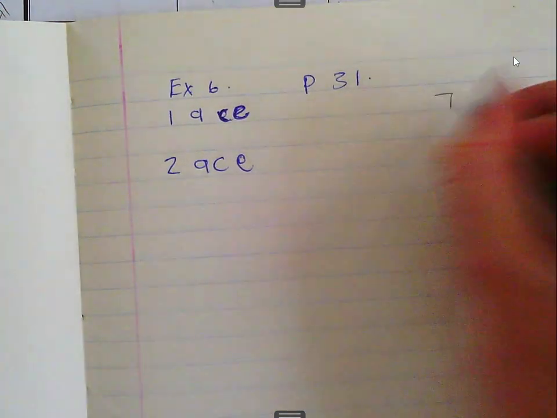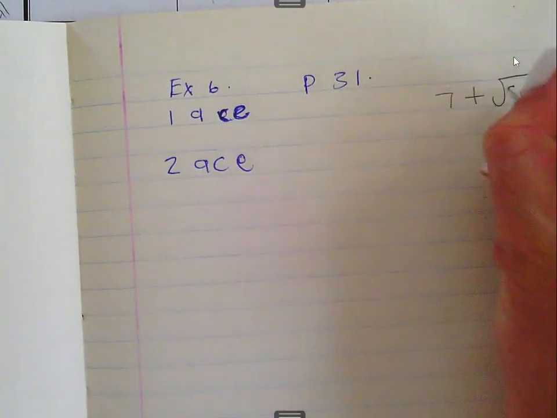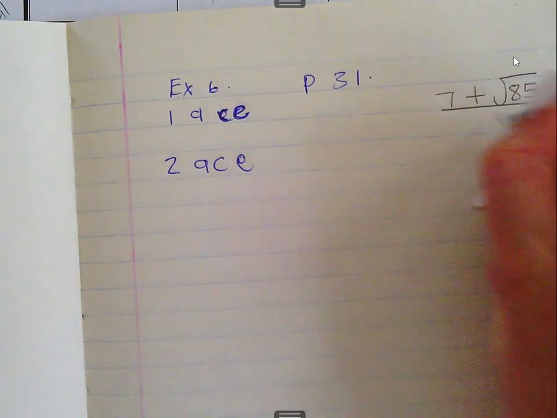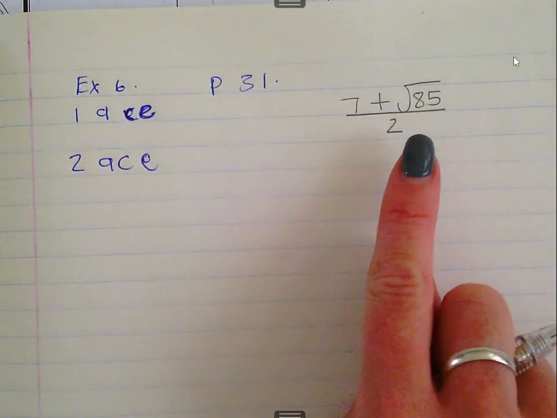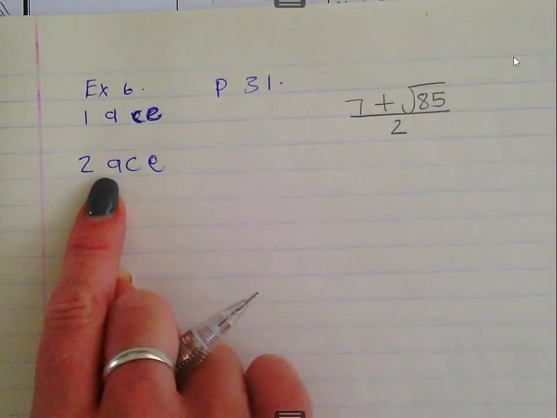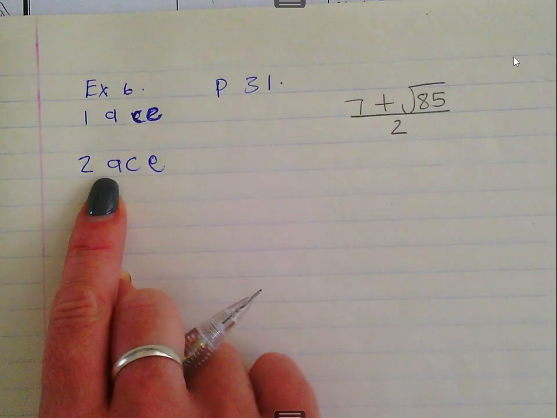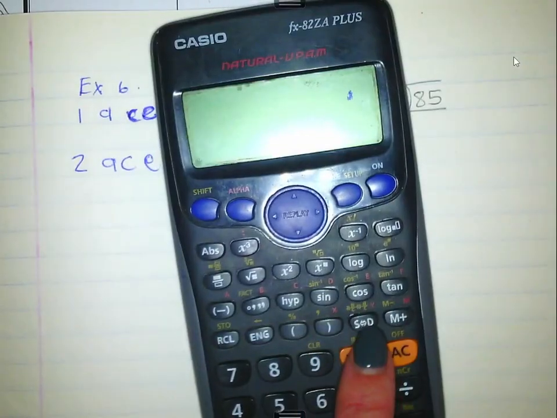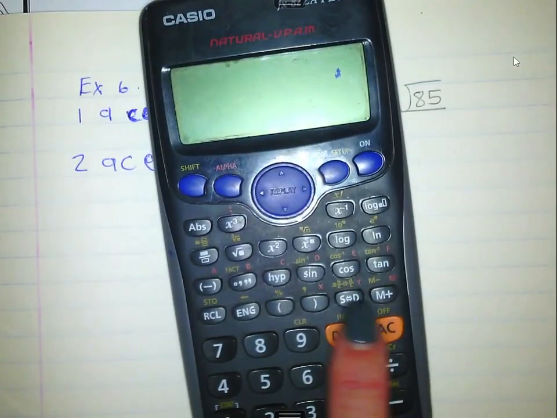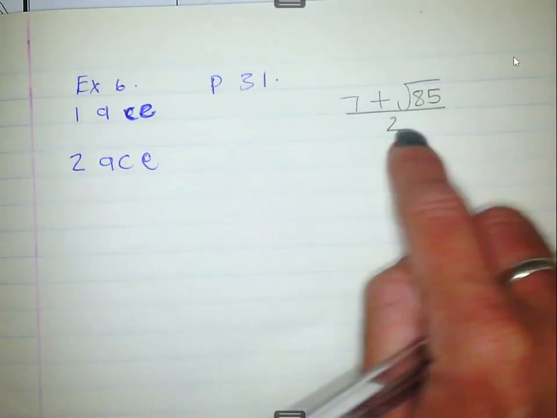Now, I will show you the first one's answer. It is 7 plus the square root of 85, I think, over 2. It looks like that when you type it in your calculator. That is the surd form. That will be your answer. That is the simplest surd form. So at number 2, where they want the decimal answer, once you've gotten that, you just press this S to D button. Then it will give this answer as a decimal.